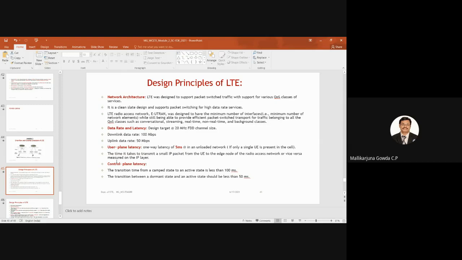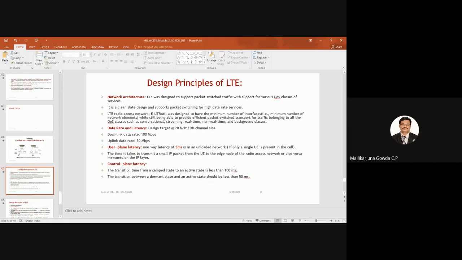Similar to that, there is another one, the control plane latency. It is the transition time from the camped state to an active state, which should be less than 100 milliseconds. Another is the transition between the dormant state and an active state, which should be less than 50 milliseconds.